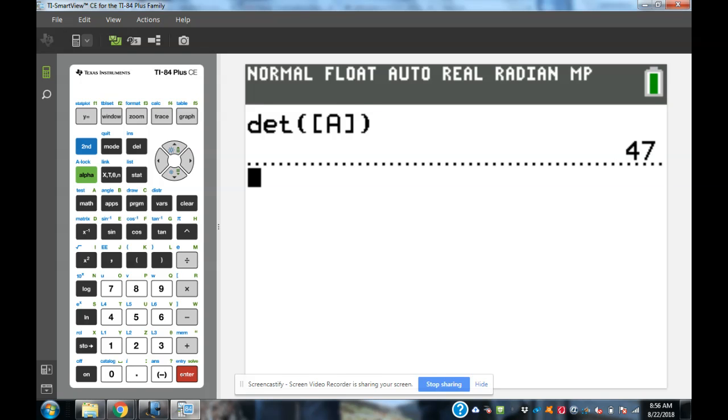A 3x3, just one row and one column bigger, takes, I think I counted, over 20 operations to do, where this one took 3. 2x2s take 3, 3x3s take around 20, 4x4s are closer to 60 operations. It gets big quick when you try to do it by hand. I don't expect you to do anything bigger than a 2x2 by hand.